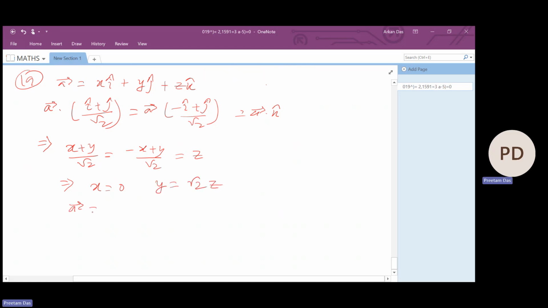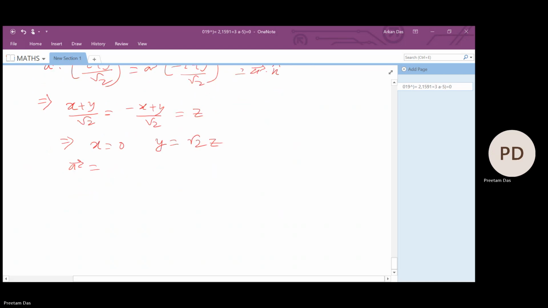So what will be A? X is 0, so no x component. Root 2z j cap, z k cap. So this will reduce to z times root 2 j cap plus k cap.